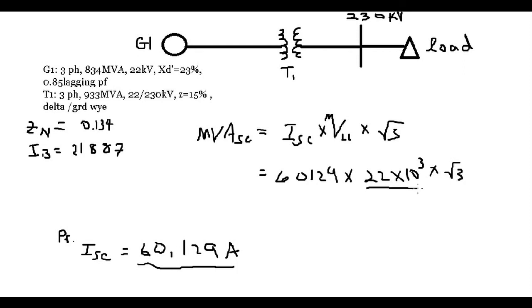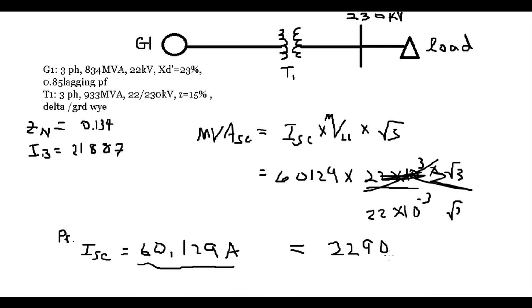If we convert this to megavolts, it will be 22 times 10 to the minus 3, times the square root of 3 times the 60,129. So if you do that, it will give you 2290 MVA SC. And you can see that is answer choice B. So that's the answer.